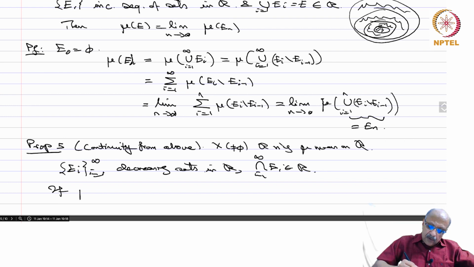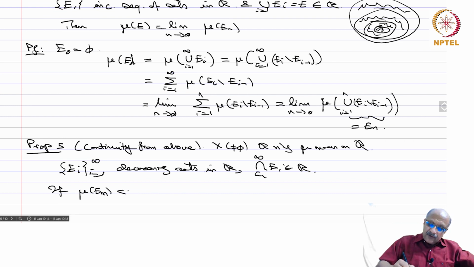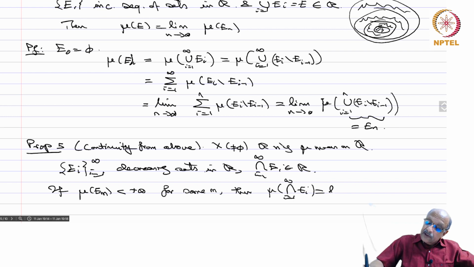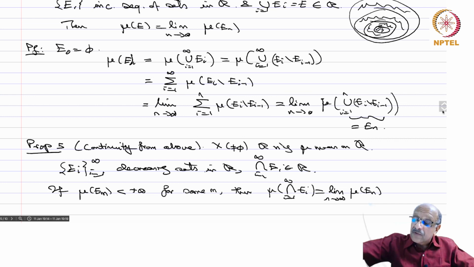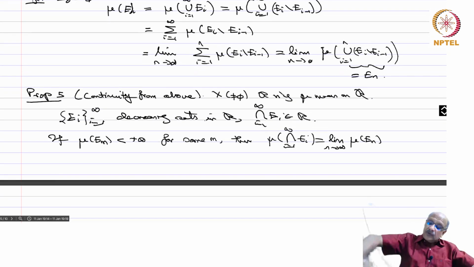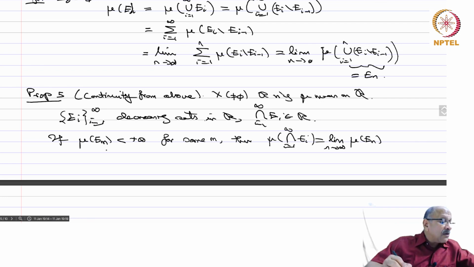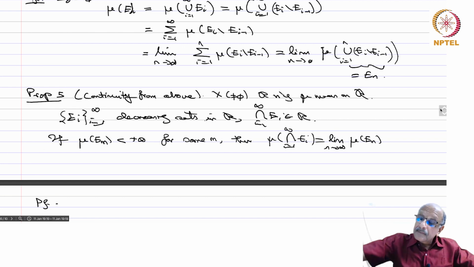If mu of E_m is finite for some m, then mu of intersection E_i, i equals 1 to infinity, equals limit n tending to infinity mu of E_n. So in the case of intersections, you have to assume that at least one of the sets has finite measure, which means all the rest beyond that also have finite measure, because you have a decreasing sequence.